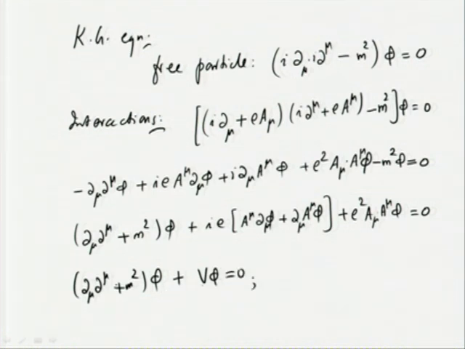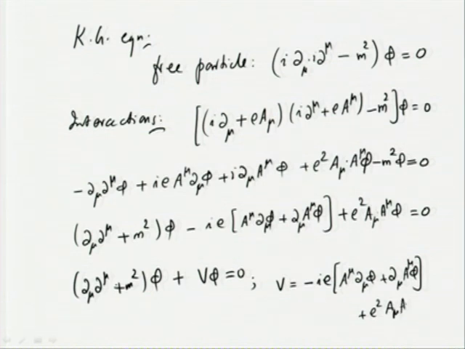So, this is the usual way of writing the kinetic energy term, mass term and the potential term. So, the potential here is essentially minus, that means the minus sign also here, I should have been more careful. So, minus I E A mu dou mu plus dou mu A mu, plus E square A mu A mu, all right.